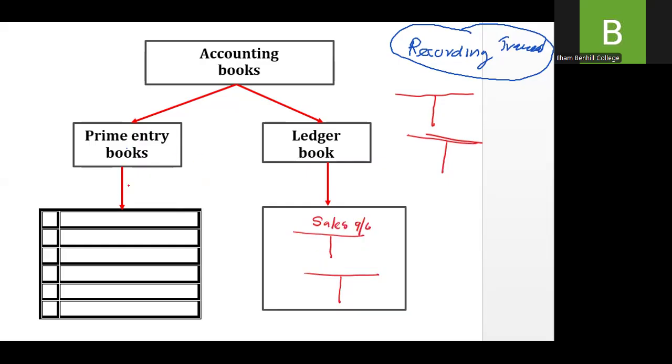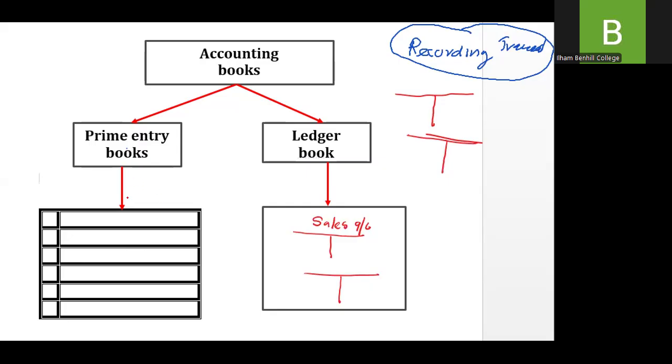So, for example, you record one of the transactions in one of the prime entry books. It's called the sales journal. The sales journal is a prime entry book where we record selling goods on credit. Three points to note. Selling goods on credit.